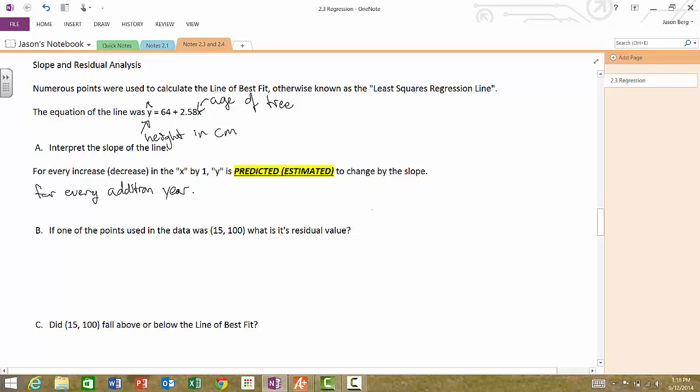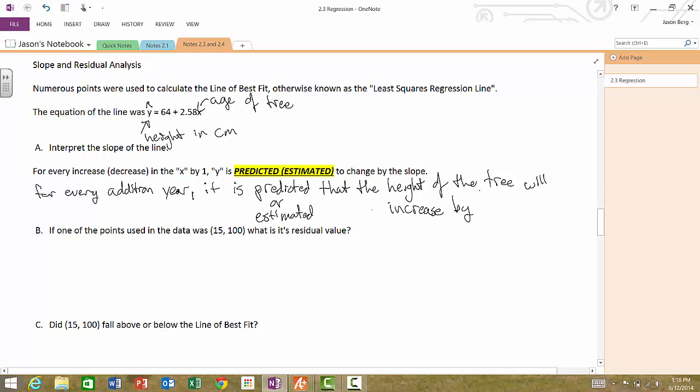So for every additional year, okay, it is predicted or estimated, either one of those words will work, that the height of the tree will increase by the slope. So the height of the tree will increase by, now the slope, that's the 2.58.